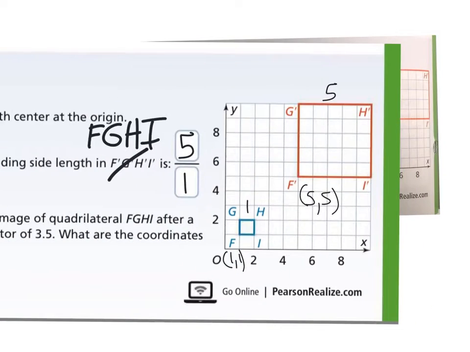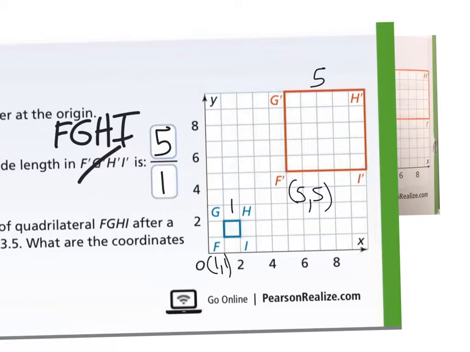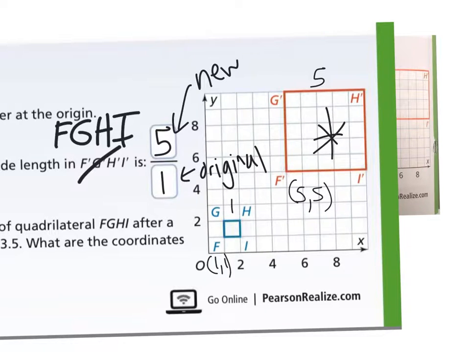Okay? And this is like we talked about earlier. Remember our ratio, it's the new over the original, right? So this is our new square. This is our original square. That's why we put it as the 5 over 1. So make sure you put it in the right order when you do your scale. Otherwise, you might be enlarging or shrinking.